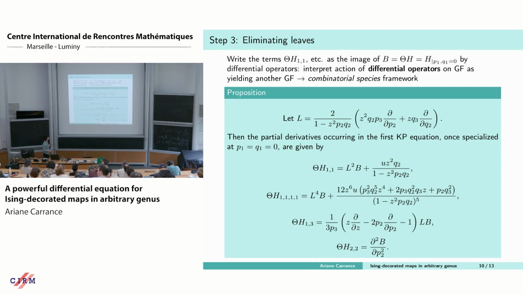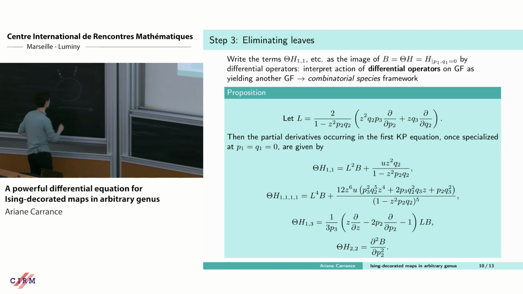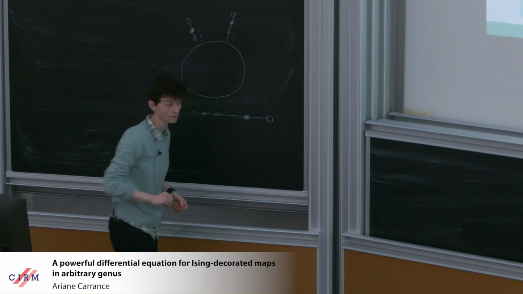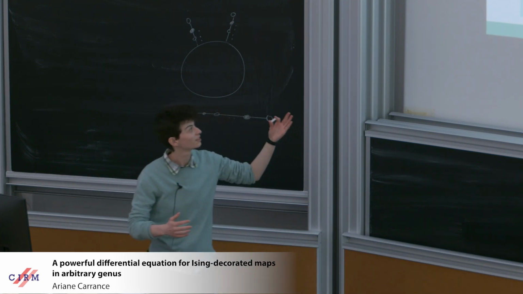So I don't want to go much more into details, but you see that theta applied to H11 is precisely L applied twice to B plus some boundary term, which corresponds to just having one chain with endpoints being white. And if you do it for all the other terms, you get something like this.